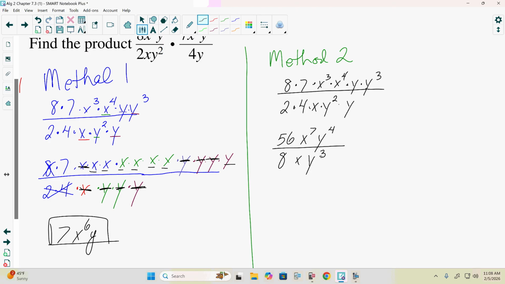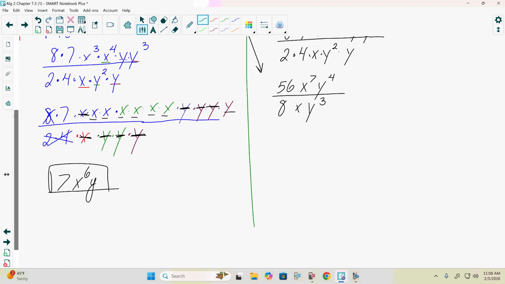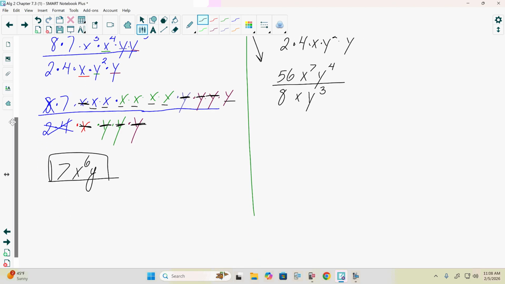Now, yes, we could have jumped straight from the start to this here. 8 times 7, multiplying those like terms together. Well, now we just need to simplify this here. As we already said, 56 over 8 is 7, yes?